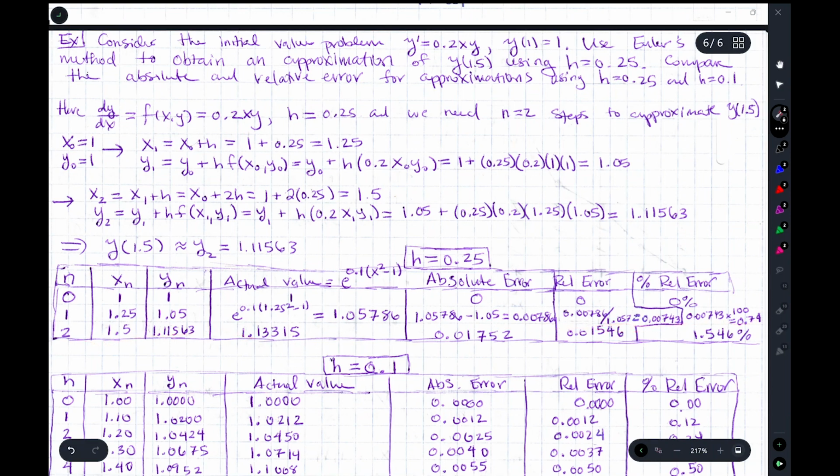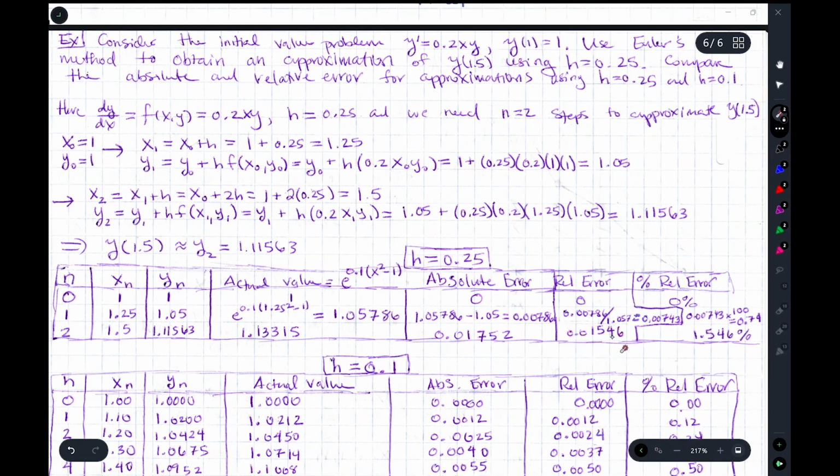It's similar. Instead of 1.25, for example, we'd plug in 1.5 to get the actual value. And the absolute error is going to be the actual value minus the approximation.